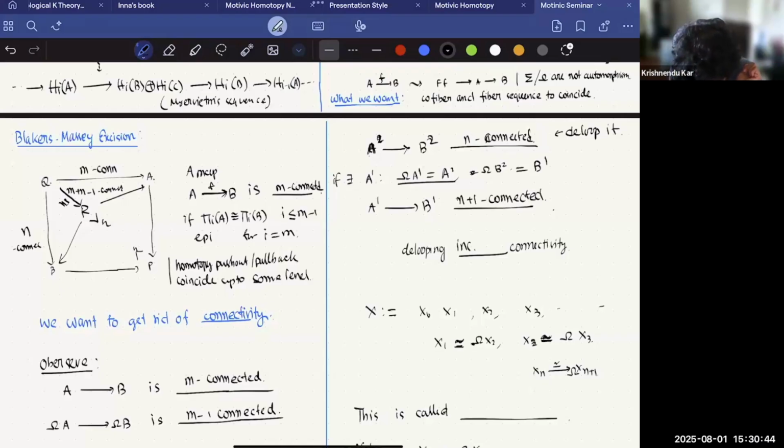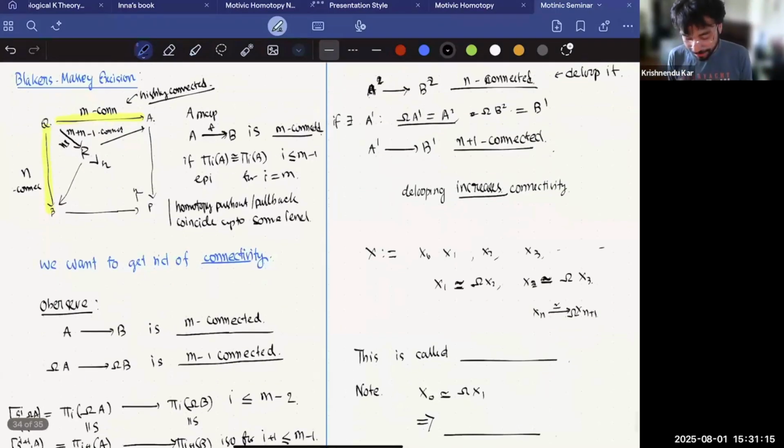Delooping increases connectivity. And this is exactly what I want. I want the map from Q to A and the map from Q to B to be highly connected, so that I can use this homotopy pushout square as a pullback square for higher and higher levels, right? This is exactly what we want.